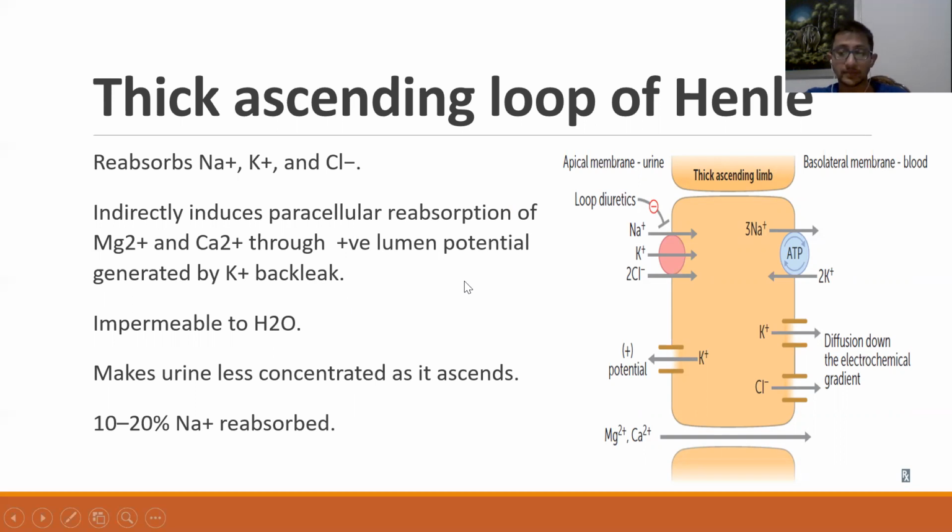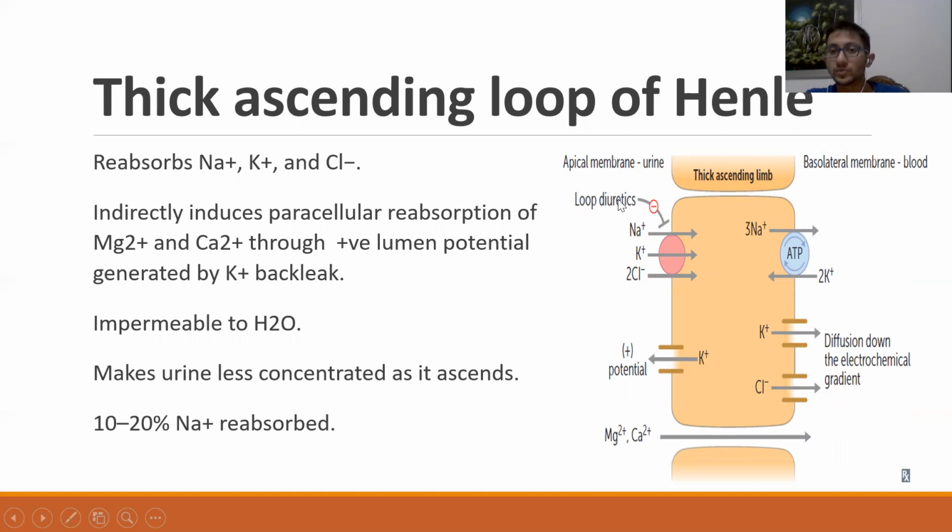This part over here, you have the ions leaving. So the urine is starting to get less concentrated. And if you guys are keeping track, which I'm sure you are, another 10 to 20% of the sodium is reabsorbed over here. And then the rest of these, of course, enter the blood once again.